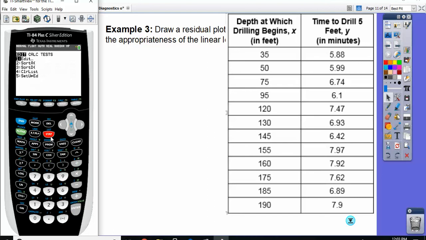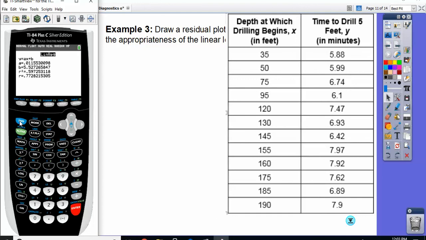So we need to go to Stat, calculate number 4. Now it has the equation for the regression line. It's got the R squared. Now we need to find if the linear model is appropriate, so we're going to use the residuals.